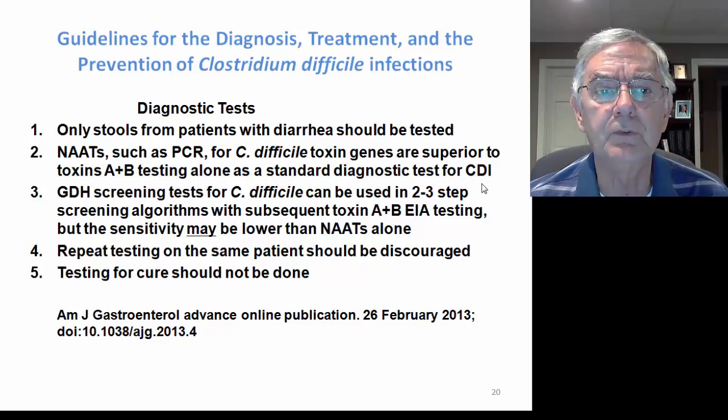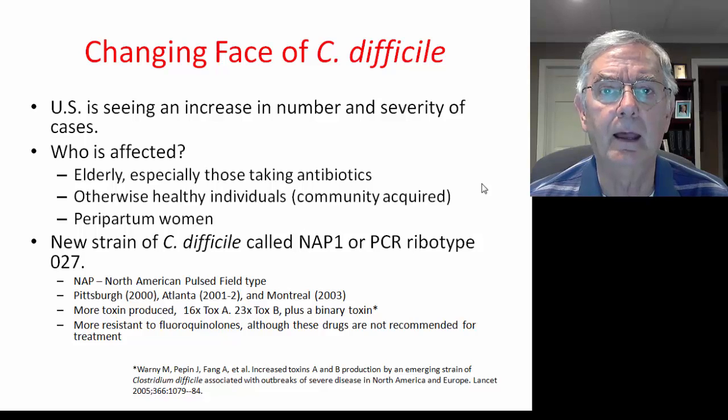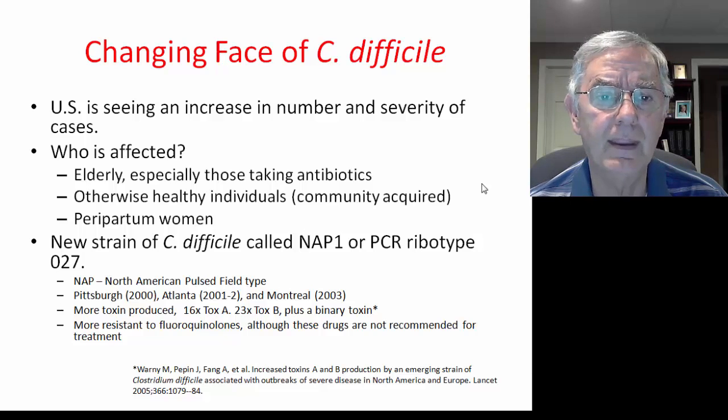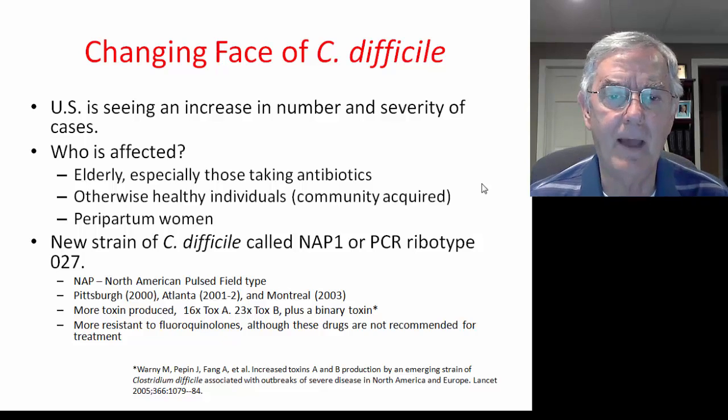We do see a new strain that's becoming more prevalent in the United States, and it's increasing in number and in the severity of the cases. The group most likely to become infected with this strain appears to be the elderly, especially those taking antibiotics.